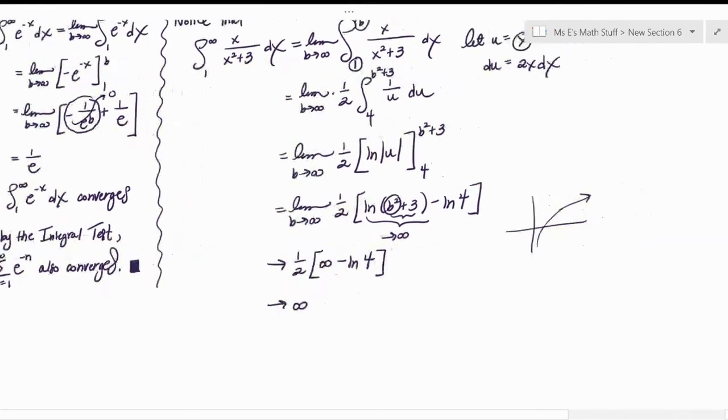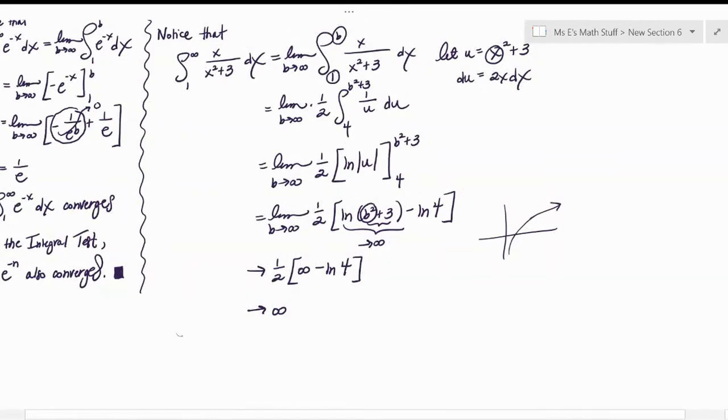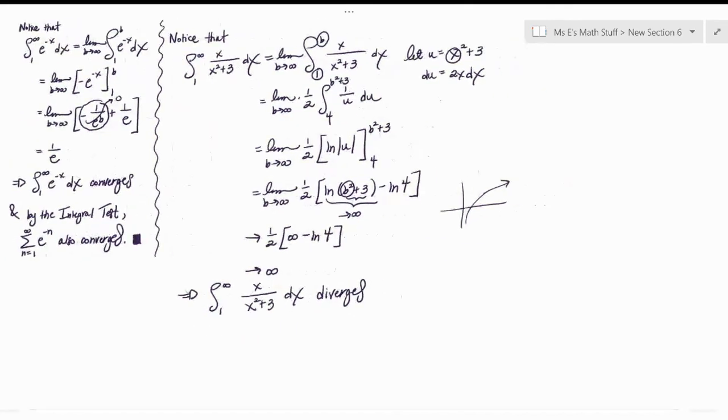Okay, so what do we know at this point? We would know that the integral from 1 to infinity of x over x squared plus 3 dx diverges. And by the integral test, what would we know?